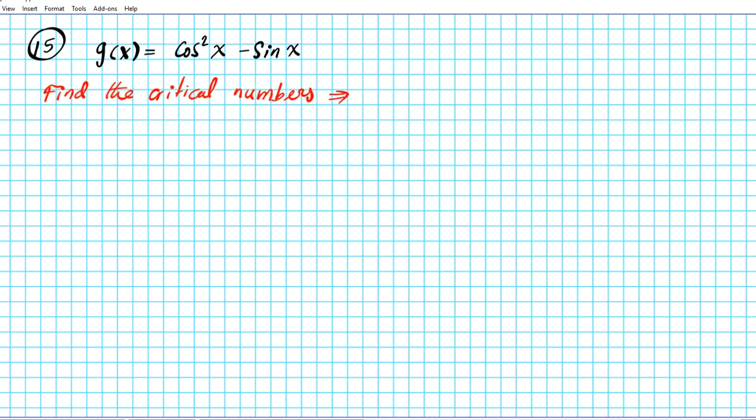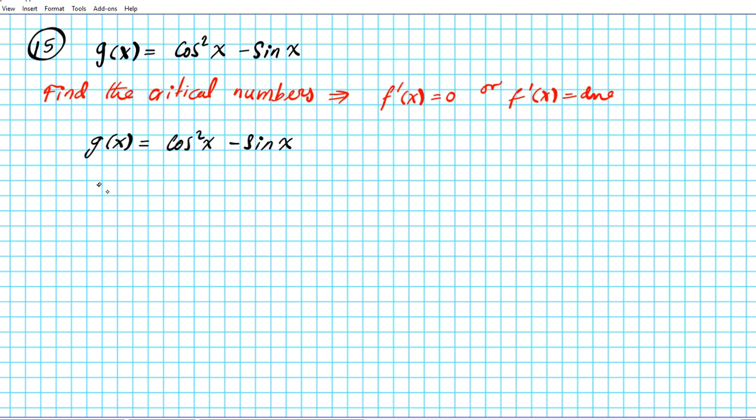To find the critical numbers, you're basically looking for where f prime of x is equal to 0 or where f prime of x does not exist. Okay? Alright, so let's go ahead and find the derivative of this function. So g of x is equal to cosine squared x minus sine x.